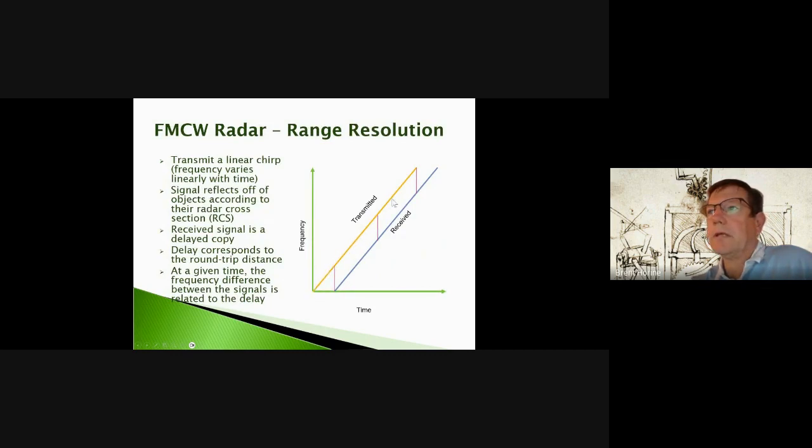Well, here's our chirp when we transmit, right? So we'll call this beginning of transmission time 0, and this is the length of our transmission or chirp, right?